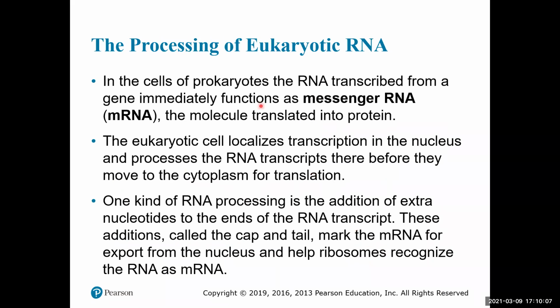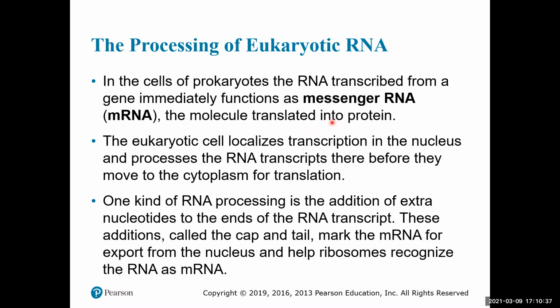Once that RNA molecule is made, it then has to be modified a little bit in eukaryotic organisms. In prokaryotic organisms, that transcribed RNA is immediately functional as what we call mRNA, or messenger RNA. And messenger RNA is the molecule that's translated into a protein.